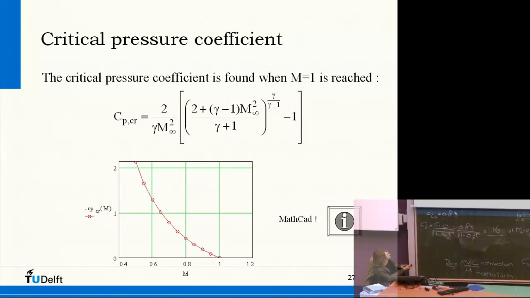For very high Mach numbers, if we fly at Mach 1, so M infinity is 1, we have Mach 1 at free stream already, at p infinity. Then Cp is p minus p infinity, so p infinity minus p infinity, which is 0. So then the critical pressure coefficient is 0. And the lower the Mach number is, the higher the minus Cp, so the lower your critical pressure coefficient is.